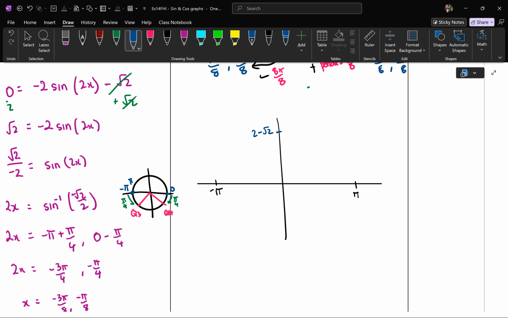You know that you've gone down the middle, which is negative root 2, and that's where the y-intercept is as well. And then you also had negative 2 minus root 2. Okay, so you've got the amplitudes all written there. We know that one period was pi.